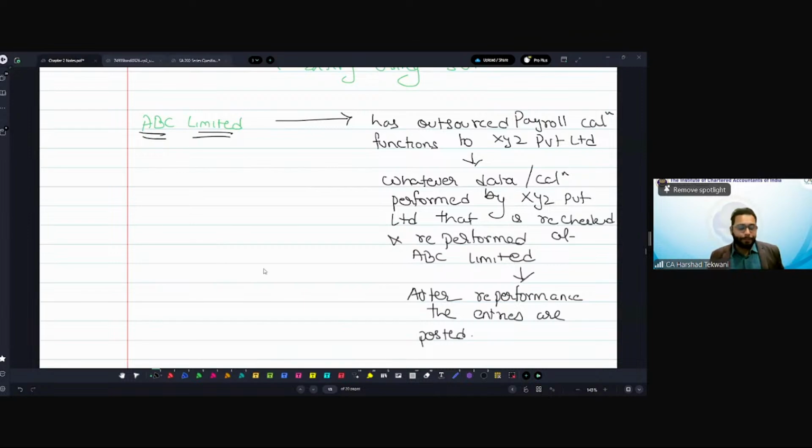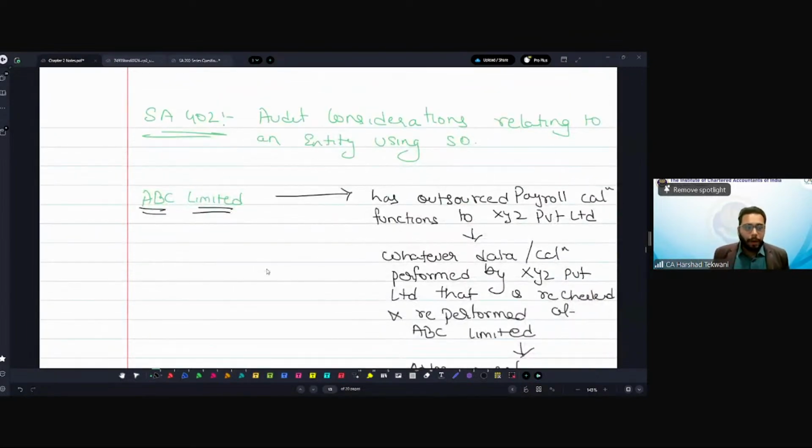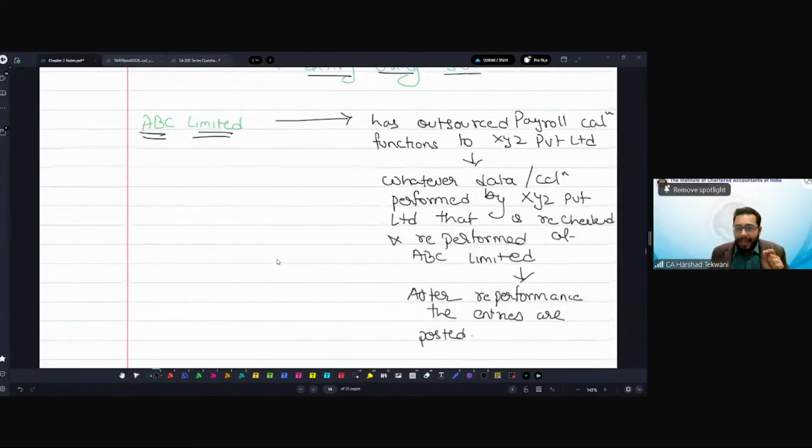Understand the reason why. When I talk about audit consideration, when an entity is using a service organization, in this case, although they have outsourced, the same work is rechecked and reperformed. So the meaning of outsource here is not relevant because everything is rechecked and reperformed by ABC Private Limited.